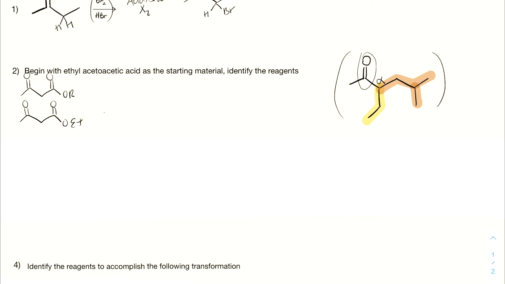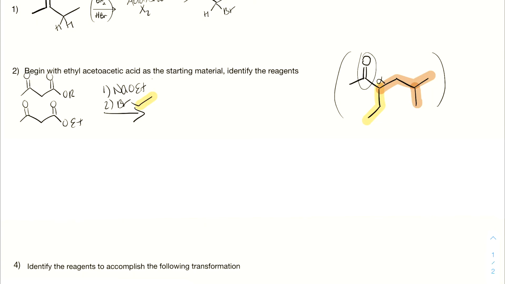In order to do that, I'm going to need some type of base to deprotonate my alpha hydrogen position, as well as a halogen, so I'm just going to use Br for this case, and the R group. And this R group right here is the yellow that you see. It's the 2 carbons.